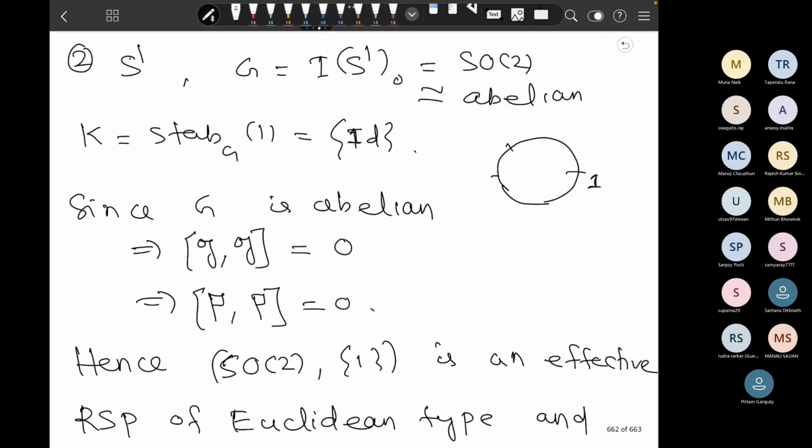Okay. So third thing: I told you that if (G1, H1) is a Riemannian symmetric pair of Euclidean type, and (G2, H2) is a Riemannian symmetric pair of Euclidean type, then if you take the product, that is also a Riemannian symmetric pair of Euclidean type.